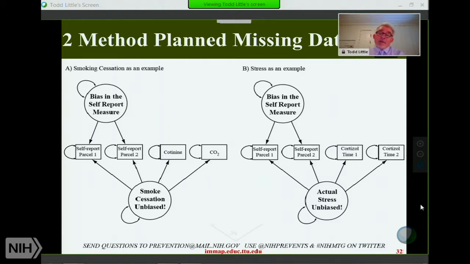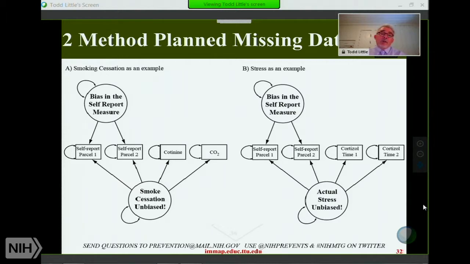So the two-method plan missing data design is actually a way to leverage power where it didn't exist otherwise. If I was limited in resources, I would have had a sample size of maybe 40 or 50 individuals where I did the blood draw, but I would not be able to do any interesting latent variable SEM analyses.